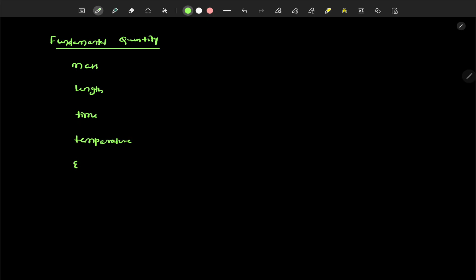Next one is electric current, shortly represented by I. Electric current. Next is luminous intensity. And the last one is quantity of matter, or you may write amount of substance. Then here we have to write the dimensions.